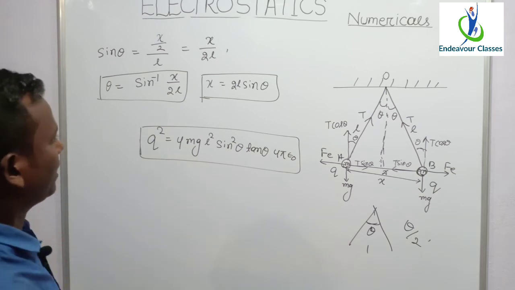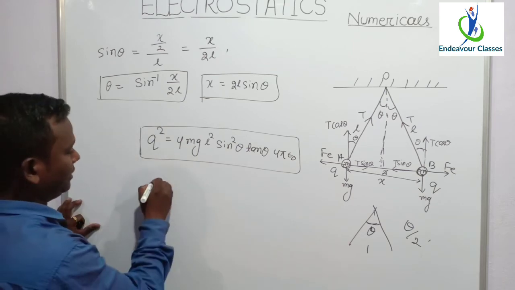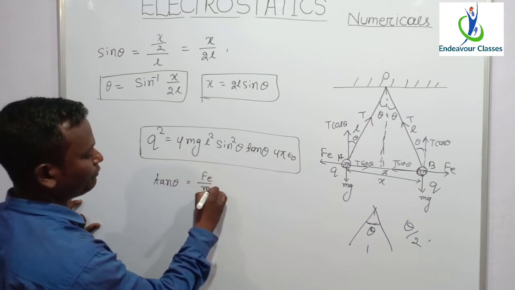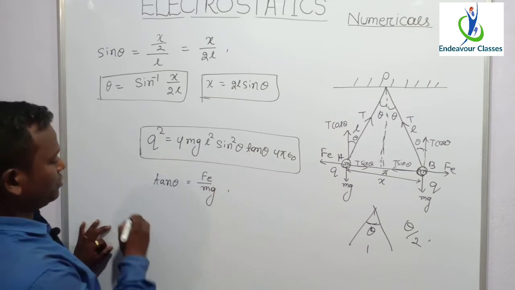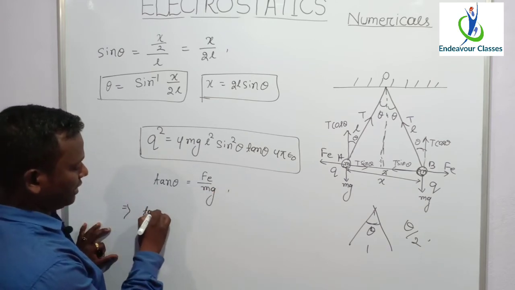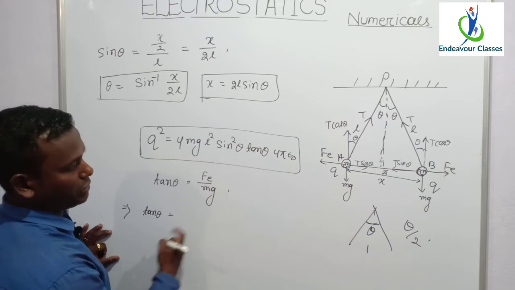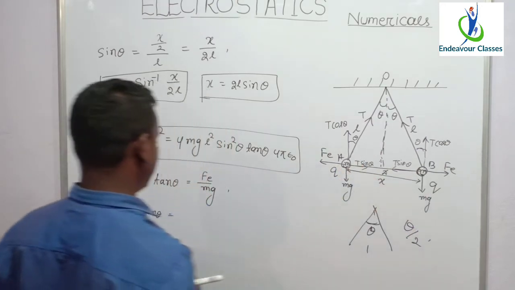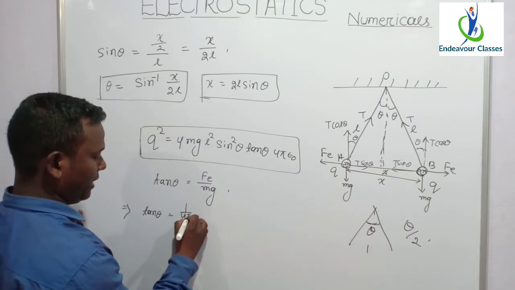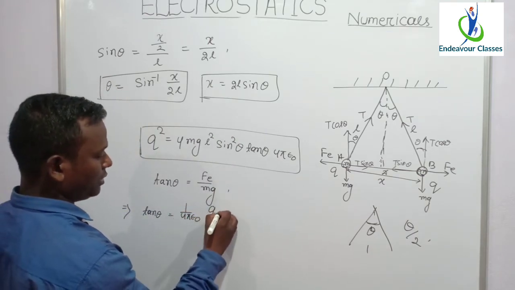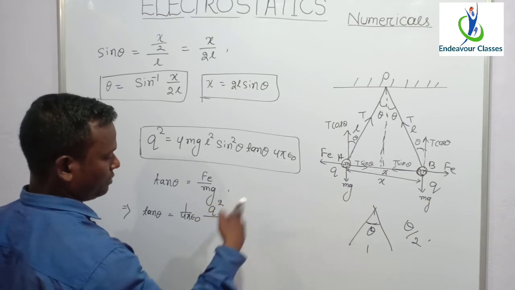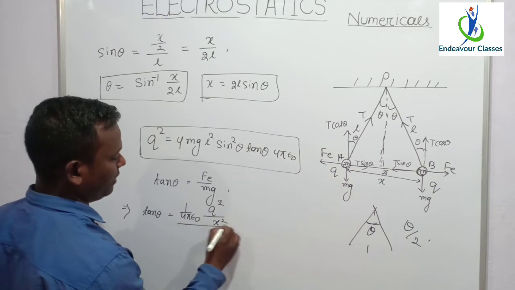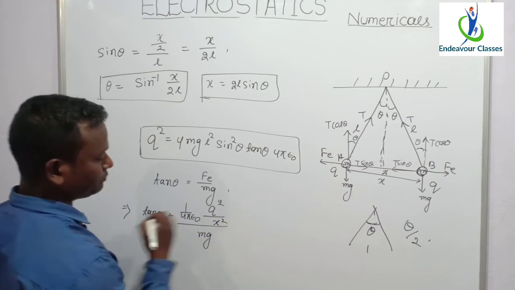As we got, tan theta is equal to Fe by mg. In place of Fe we can put the force between q and q separated by distance x, which is 1 by 4 pi epsilon naught times q square by x square, divided by mg.